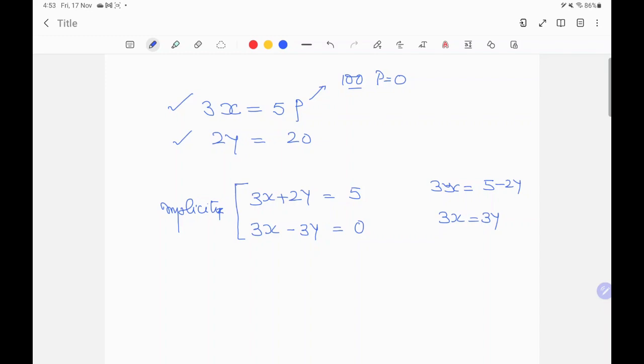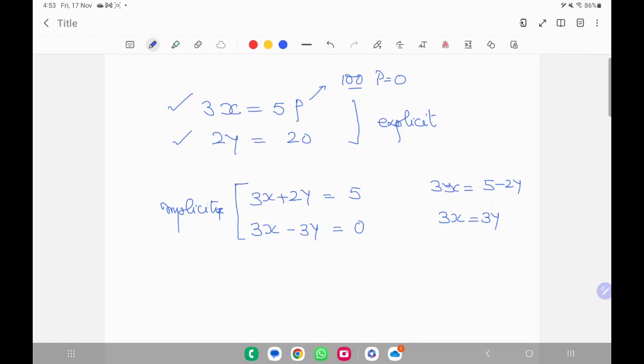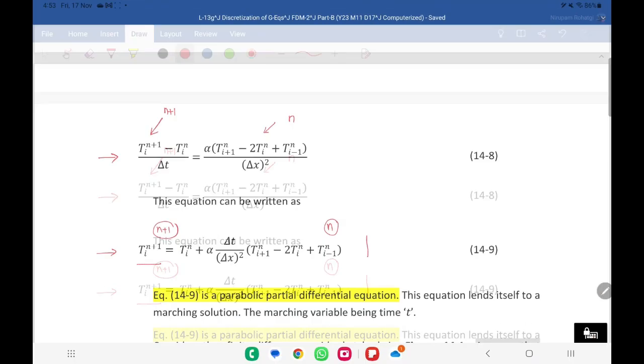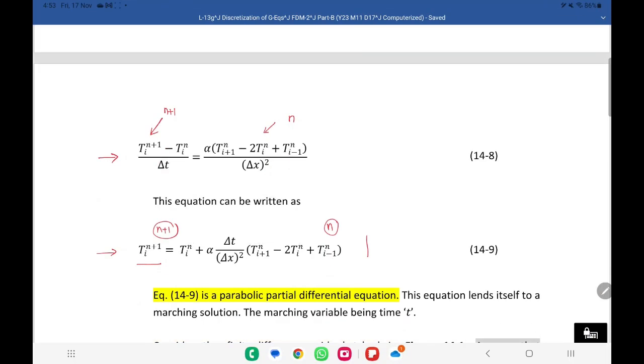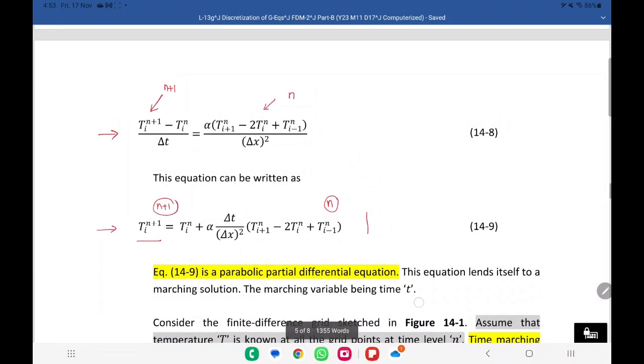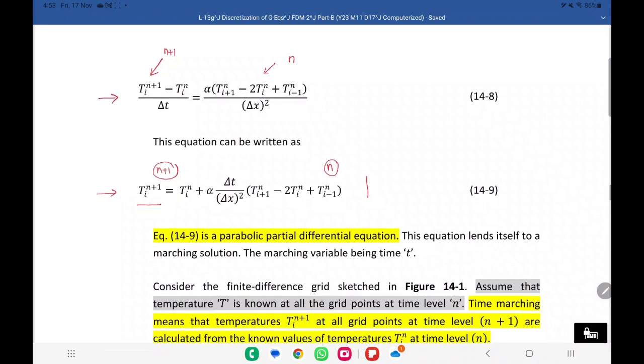This is implicit, and this is your explicit, right? So this is the difference.